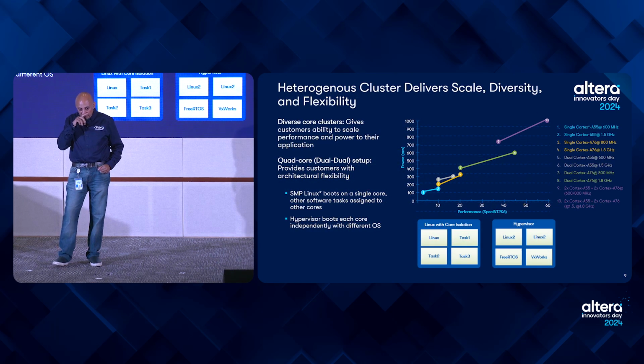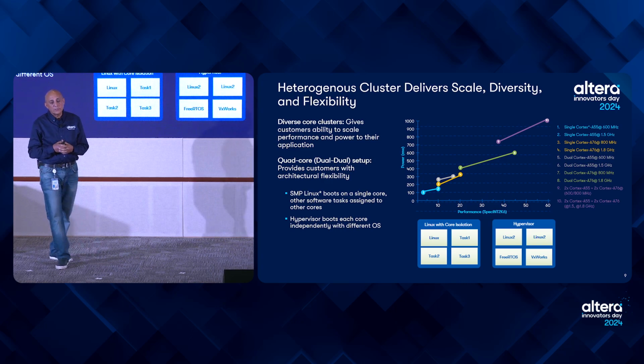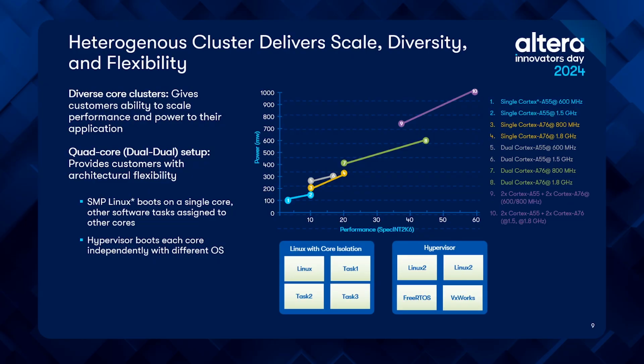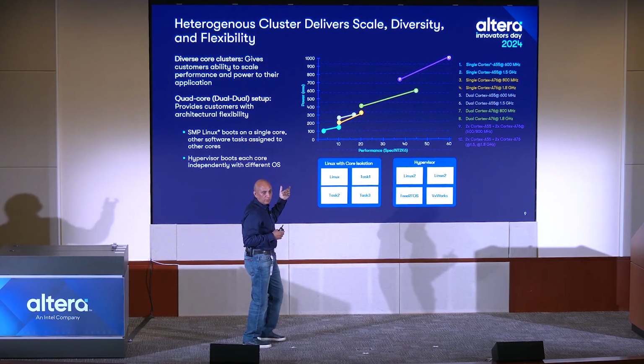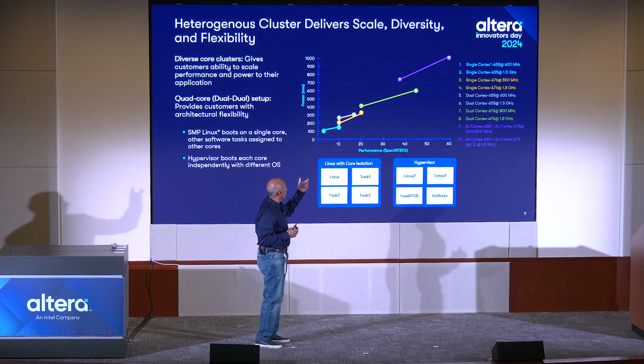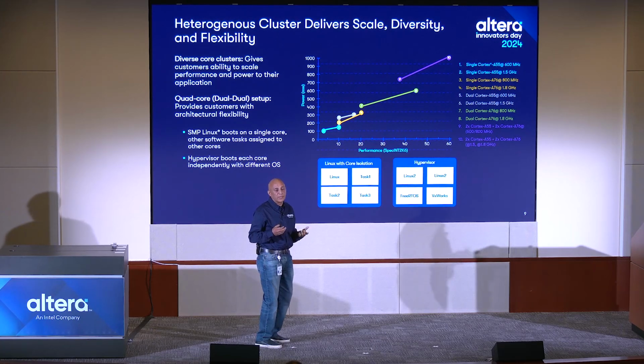I want to talk a little bit about how the heterogeneous clusters deliver scale and diversity of performance, right? If you look at the graph here in the back, on the bottom we have performance in SPECints, and in the vertical we have power in milliwatts. Each of those lines indicates the performance of a single, dual or quad core, and the lower-performance one is basically when we run the processors at the minimum frequency.